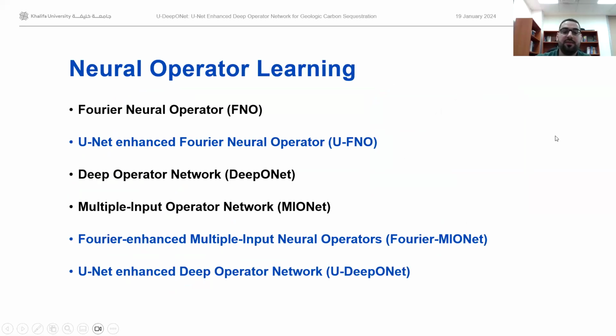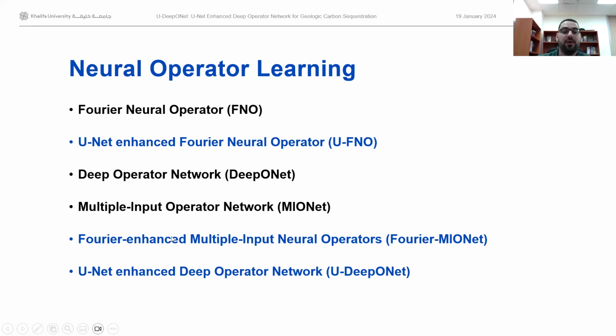So these are some of the neural operators that we will discuss in this presentation. We will first start with the Fourier neural operator because the UFNO was built on top of the FNO. The next operator we will discuss is the U-Net enhanced Fourier neural operator, the UFNO. Then we'll move on to the original operator learning algorithm, the DeepONet, and then the multiple input operator network, MIONet, which is an extension of the DeepONet.